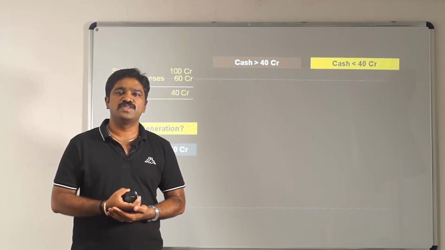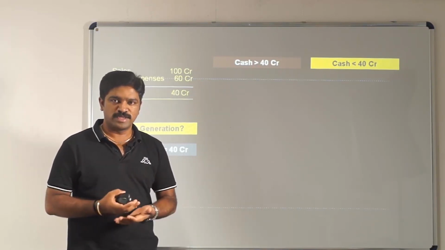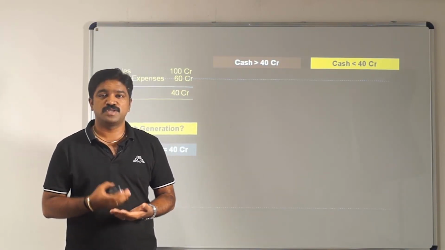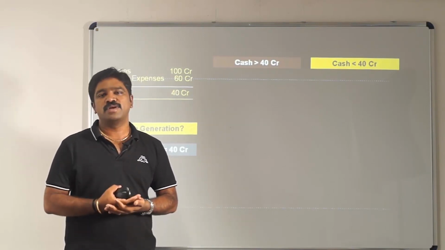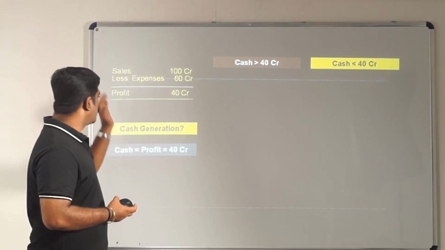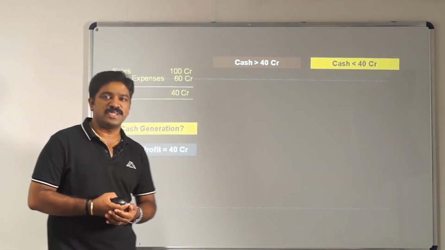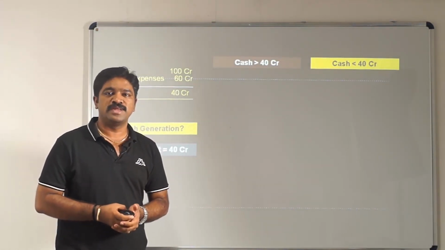For the profit, you have to include various incomes and expenses, but incomes and expenses which do not have any inflow or outflow of cash will also be included. So the profit you arrive at will not exactly reflect the cash generated in the business. This appreciation is very, very critical.